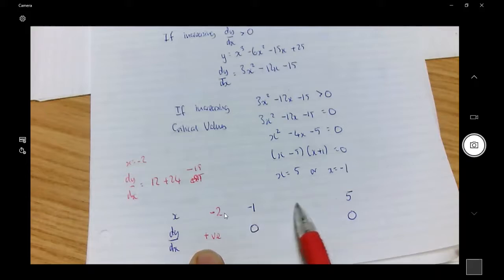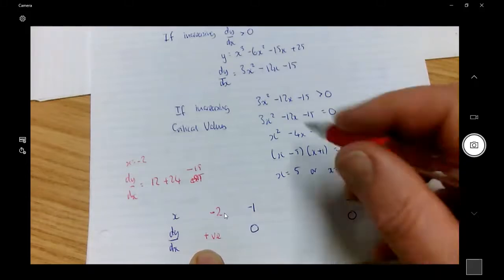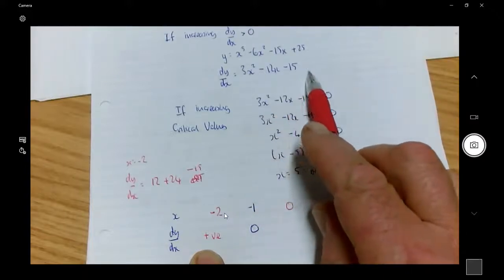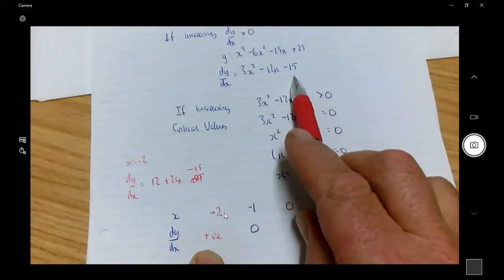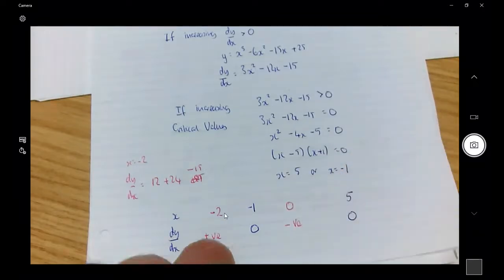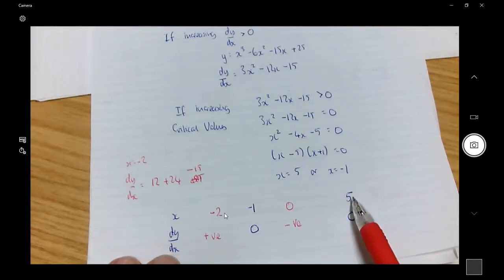I now pick a value between minus 1 and 5, which is 0. Put x equals 0 into dy by dx, and you can see it's minus 15, which is negative. I don't need to know the values, I need to know that it is negative. And finally, I pick a number bigger than 5.